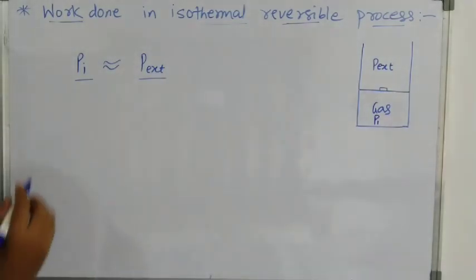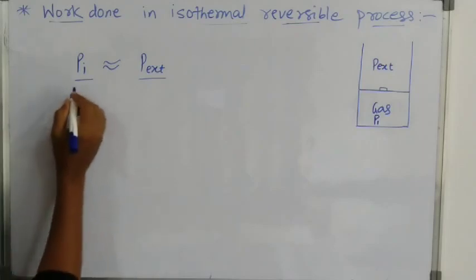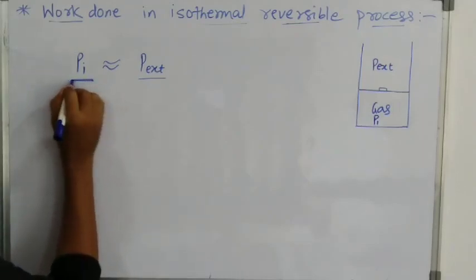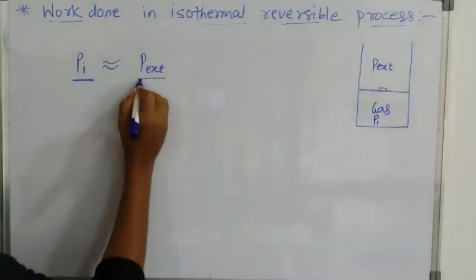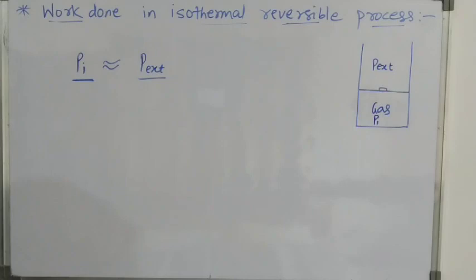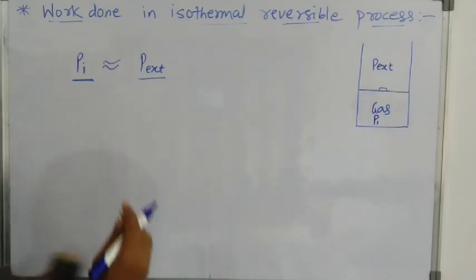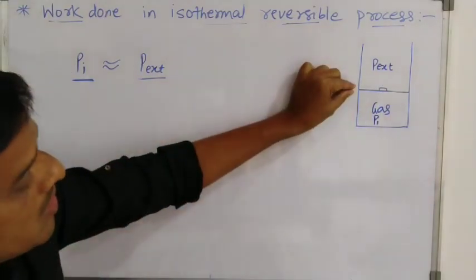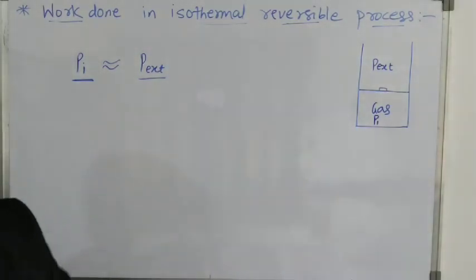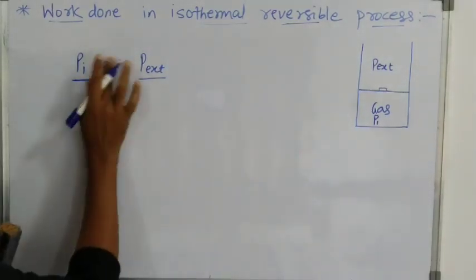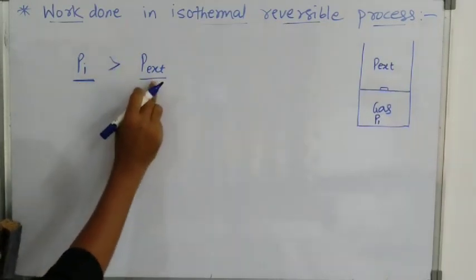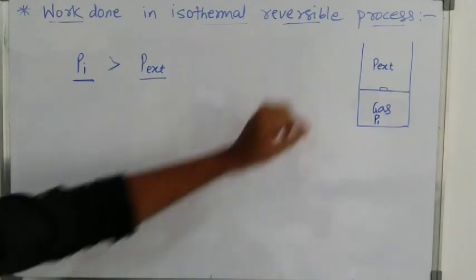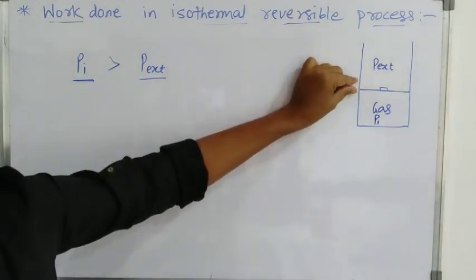In such a position, when the internal pressure of the gas is infinitesimally greater than the external pressure, at that time the gas will expand to a small volume. Not too much, but slightly greater than the external pressure, the gas will expand a small amount.